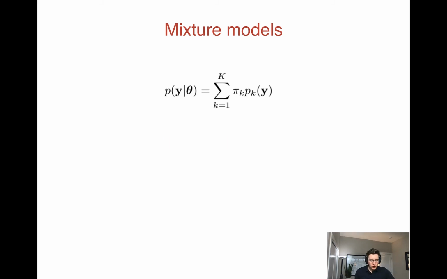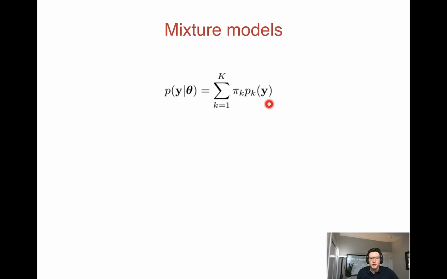So mixture models are defined like this. We want to write the probability of some value y. We're going to define that using big K other distributions, each one defined as probability pk of y.